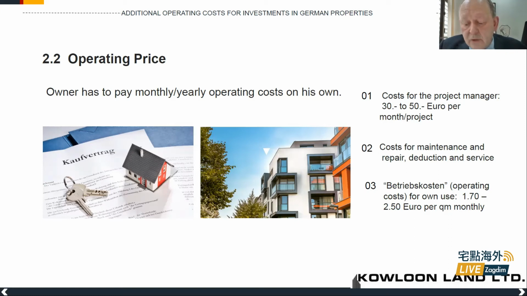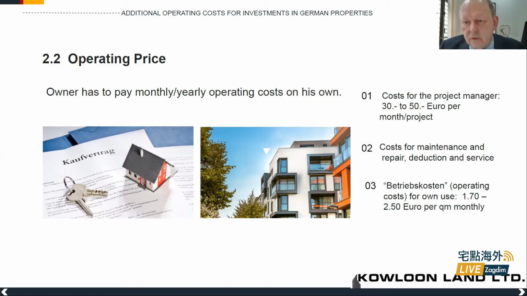The next one is a quota for maintenance and repair, deduction and service, which will come to you. For all of this, you can calculate between 1.30 to 1.50 euros per square meter monthly.